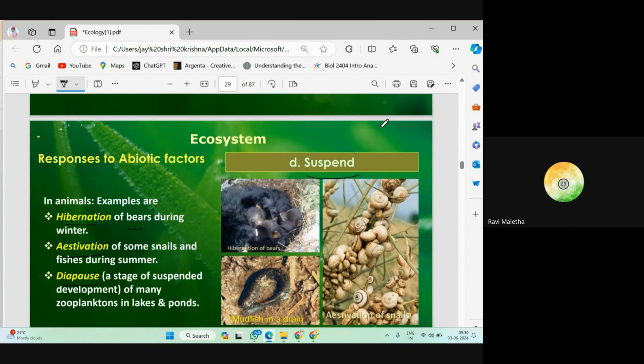For example, I actually forgot the actual word. Spores. Spore. So spores you can understand as seeds of fungi; seeds of very lower plants are known as spores.